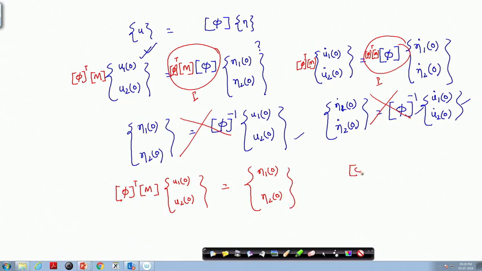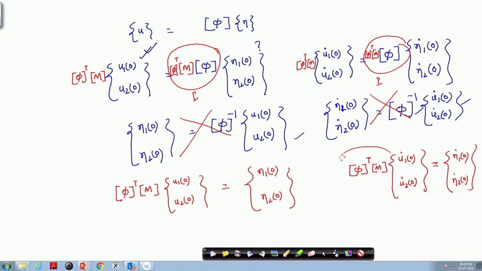Similarly, I can say phi transpose into m into u1 dot (0), u2 dot (0) is equal to eta1 dot (0) and eta2 dot (0).